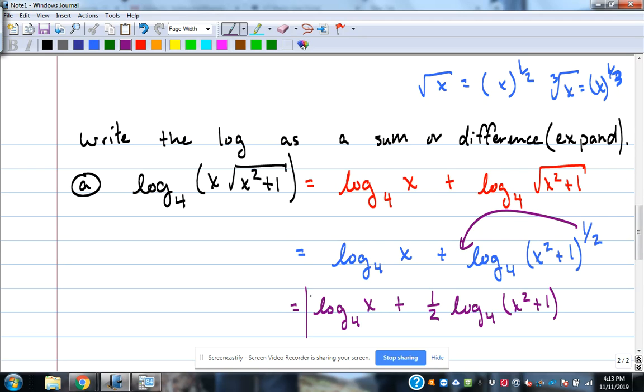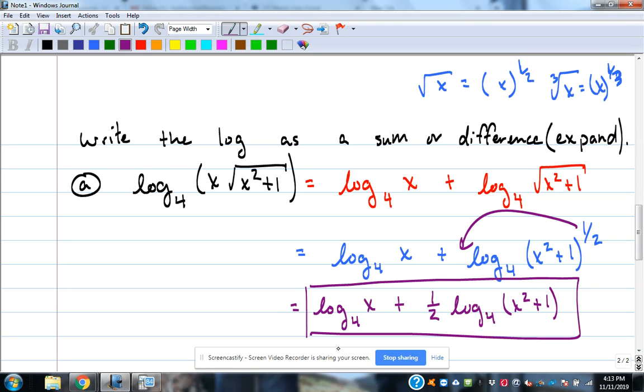And once I get there, that's as far as I can go. Because I don't have a rule that breaks apart the log of addition. I've got rules that break apart logs of multiplication, logs of division, but not logs of addition or subtraction. So that can't be broken apart because it's got addition.